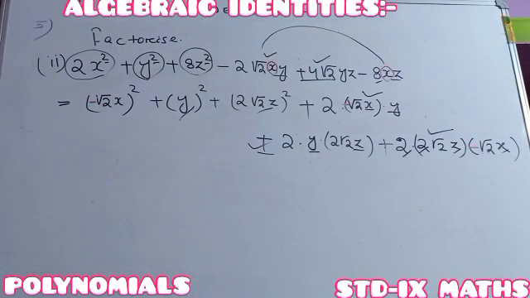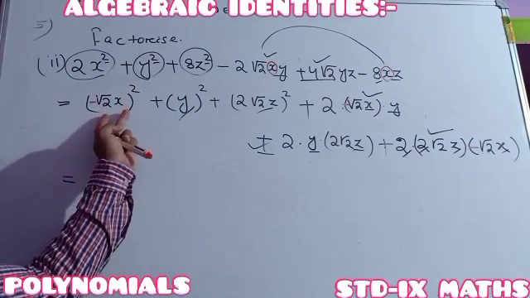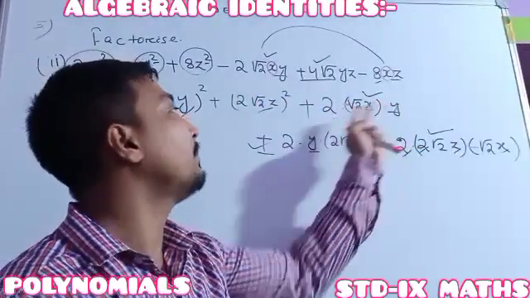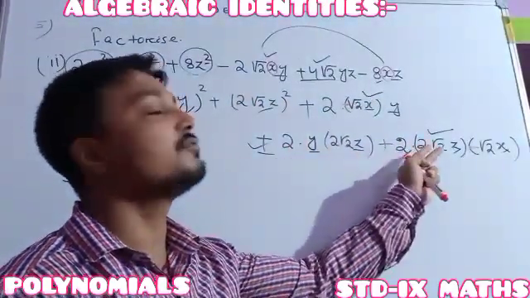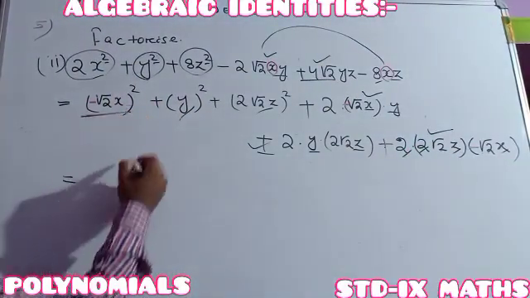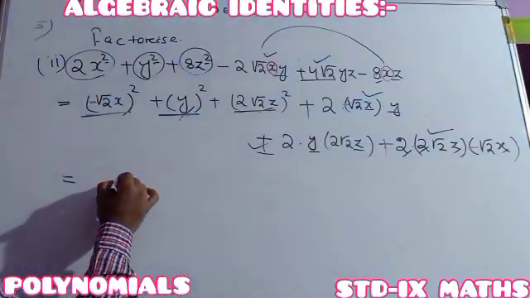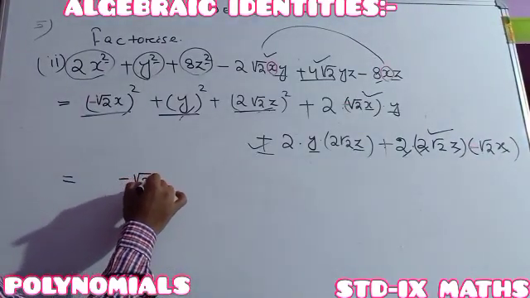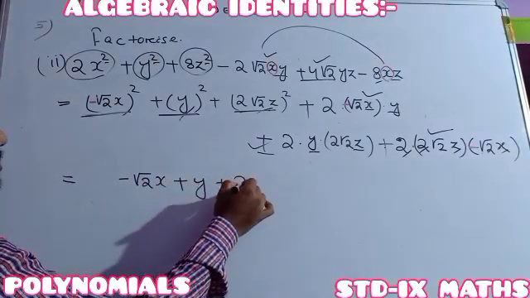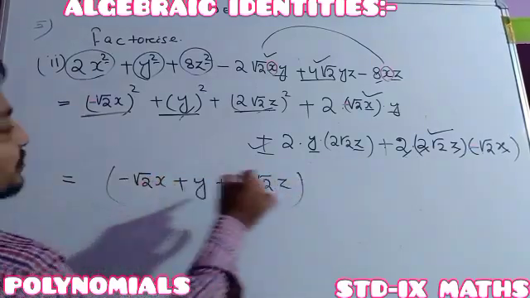Okay. So as it is arranged already perfectly in the expansion form of x square plus y square plus z square plus 2xy plus 2yz plus 2zx, for which only we have to detect this one is the first term, this one is the second term, this one is the third term. So our formula will be root 2x plus y plus 2 root 2 z, its square.